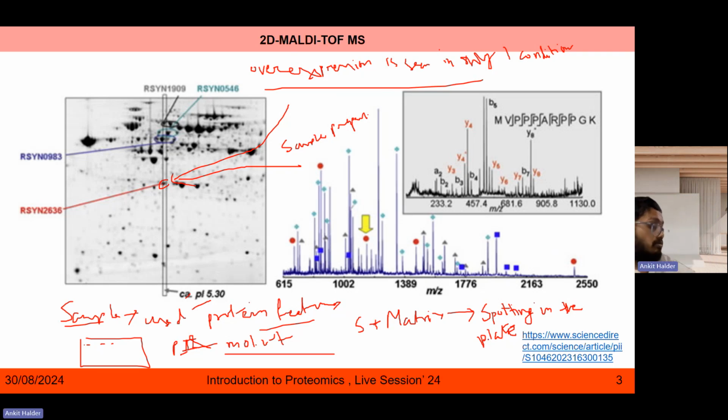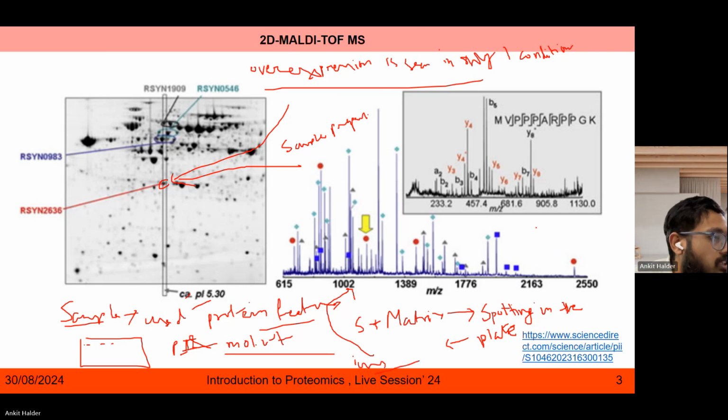Then you inject it into the vacuum to get the MS/MS spectrum, right?